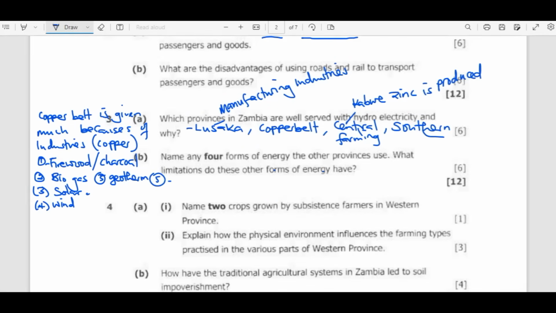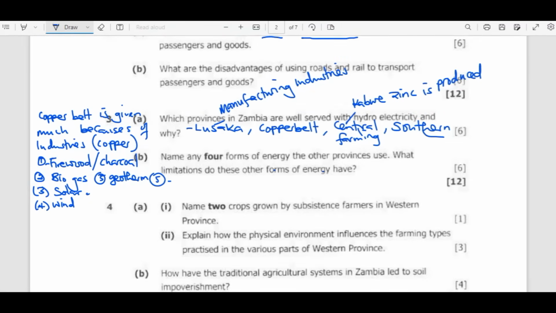So geothermal, number one, we are saying that most of the times, looking at the area, Zambia experiences summer rainfall, and then apart from that, in winter there would be no water to percolate through the crack and be heated. So that is another challenge. That is another problem that comes with this form of energy.